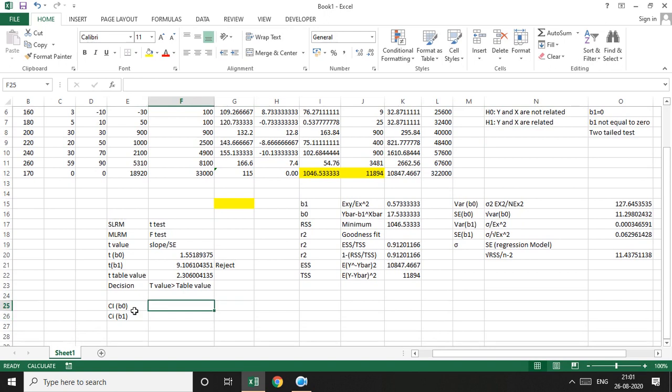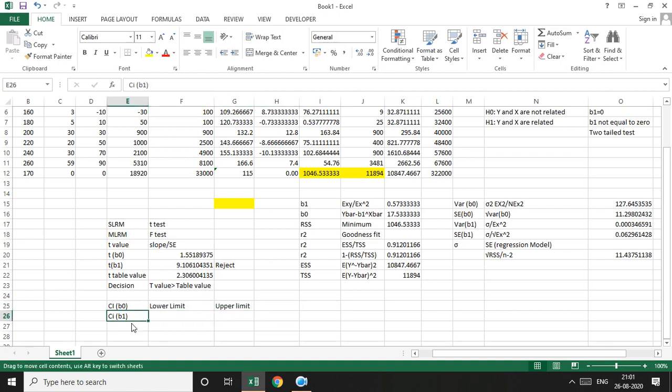What is this confidence interval? We will get a lower limit and an upper limit, or lower bound and upper bound. If your actual value lies in between these two limits, then you can make the decision. How can we find that?